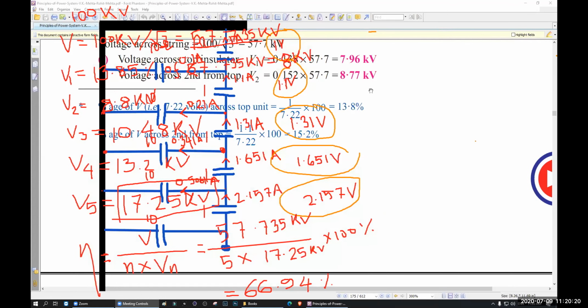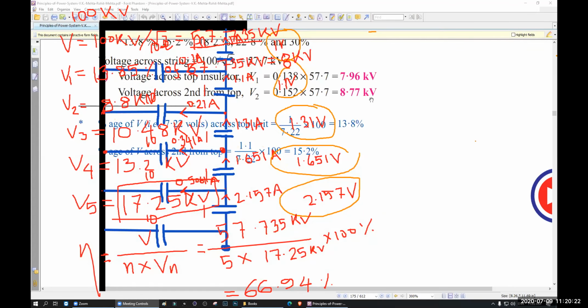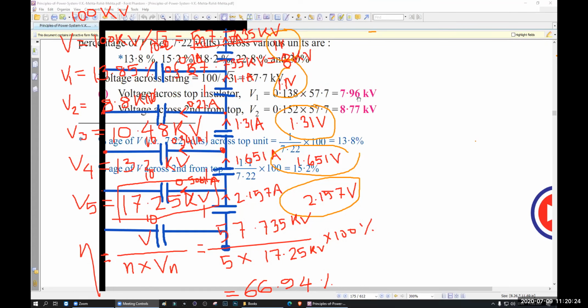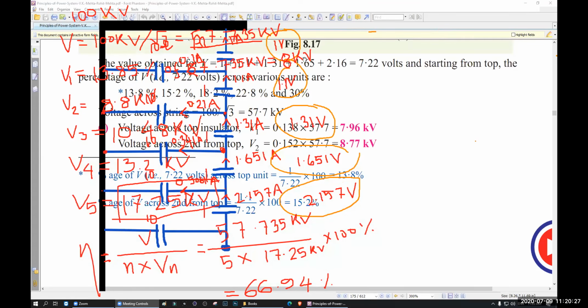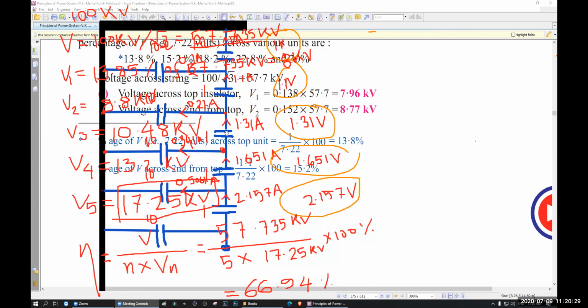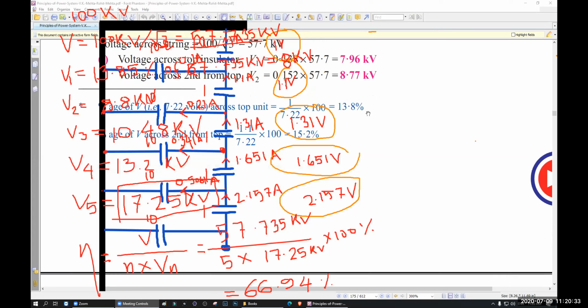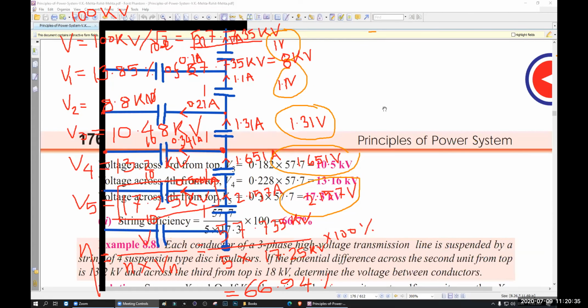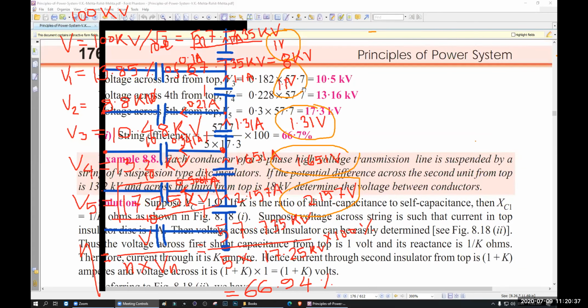See our percentage. V1 was 7.96, right? We got 8. That's okay, no problem. V2 we got 8.8. They got 8.77. No problem. Okay, your V3 we got 10.48. They got 10.5. They got 13.16.